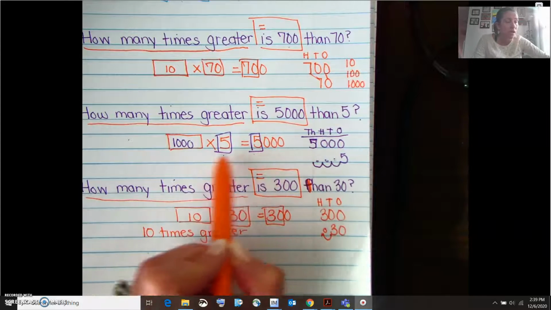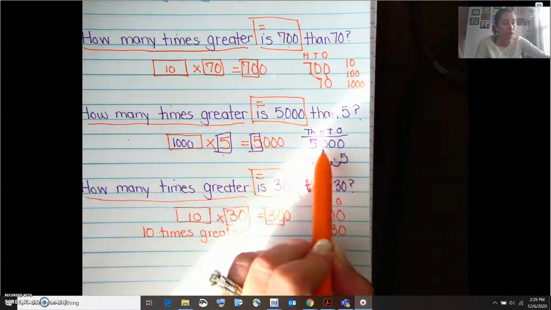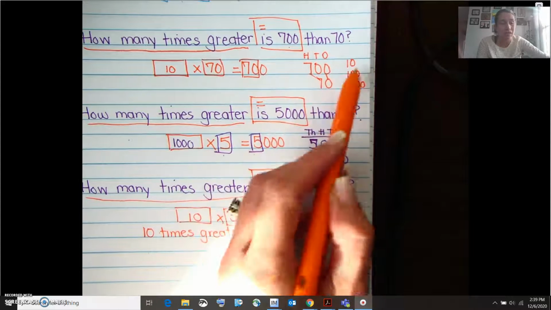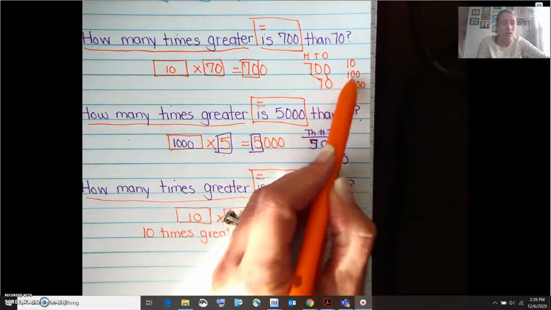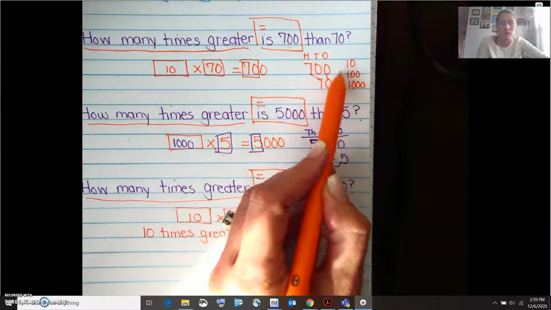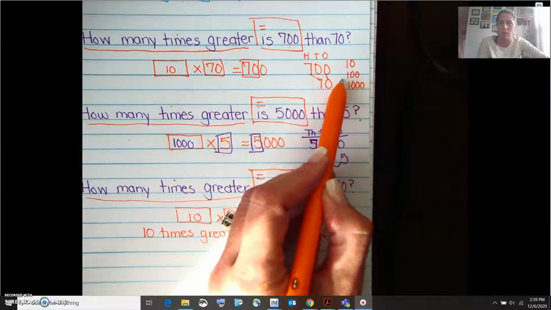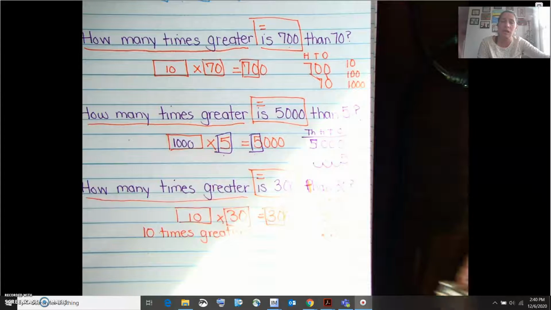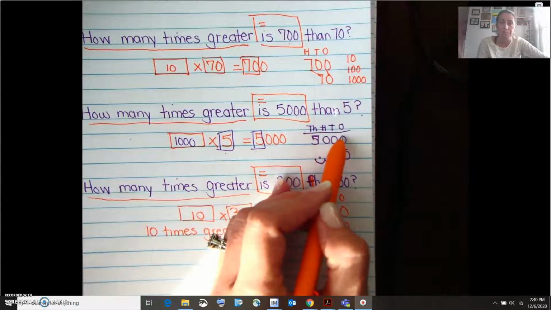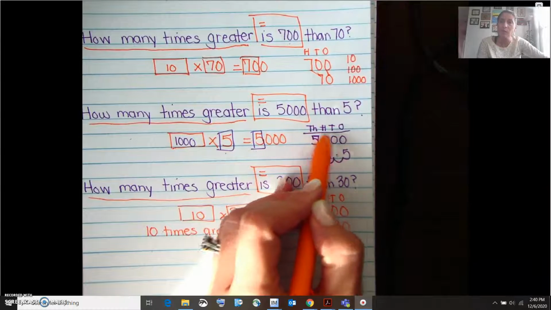We're trying to realize that every time we multiply by 10, hundreds, or thousands, the number of zeros is how many places that we bounce over. So this is going to be 1 bounce over. This is going to be 2 bounces over. This is going to be 3 bounces over.